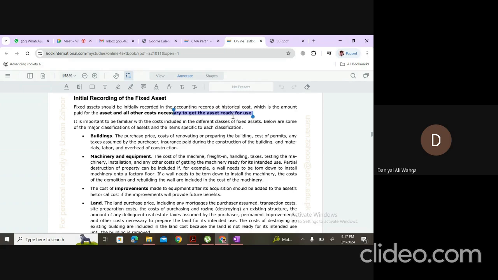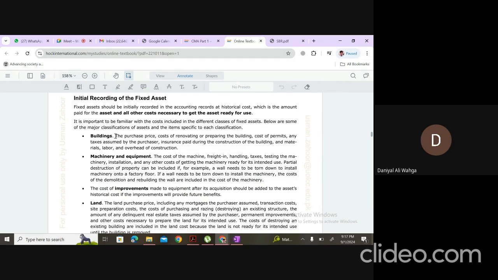Here ASC 360 has discussed the case of a building, machinery and land. This is one of the main differences between IAS 16 and ASC 360: IAS 16 just provides the principle, but here the standard provides detailed guidance.